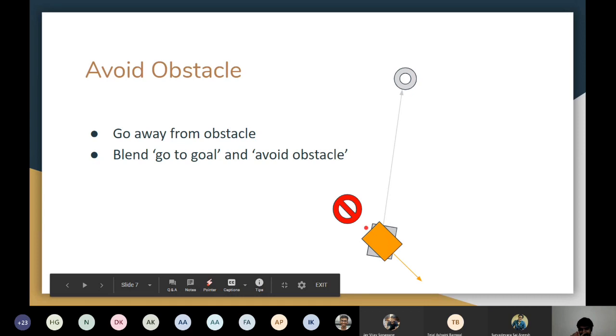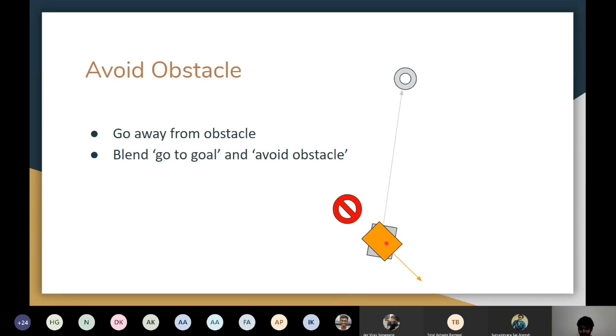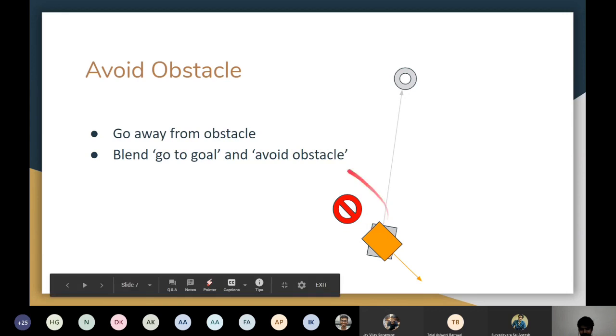That is, I'm only focusing on avoiding the obstacle, and whatever my goal point was, I have not taken that into consideration and given the utmost priority to avoiding the obstacle. Okay, but this is not a very good approach, that you find an obstacle and you just randomly start going away from it. I won't say that it's the best thing to do.